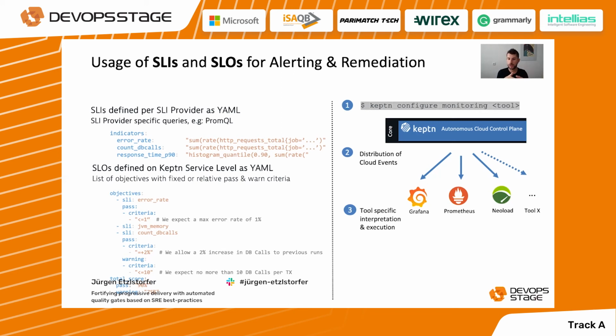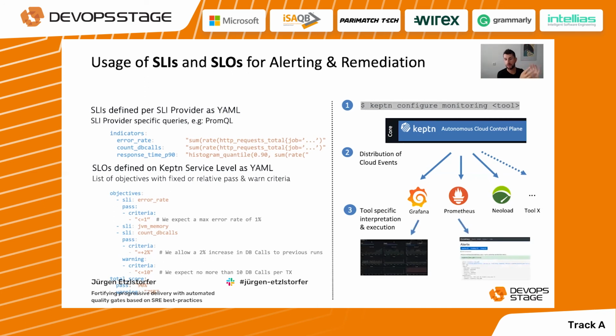In the case of Prometheus, the data is interpreted in a way to set up scrape jobs and to set up alerting rules in the Prometheus Alert Manager. So it's basically that parts of the SLIs and SLOs are inverted: instead of saying it has to be smaller than 10, every time it's higher, we want to have an alert for a specific time frame. So we can configure Grafana, we can configure Prometheus, we can configure even more tools. Whatever tool is interesting for this kind of cloud events can subscribe to it. In this case, it's Grafana and Prometheus.